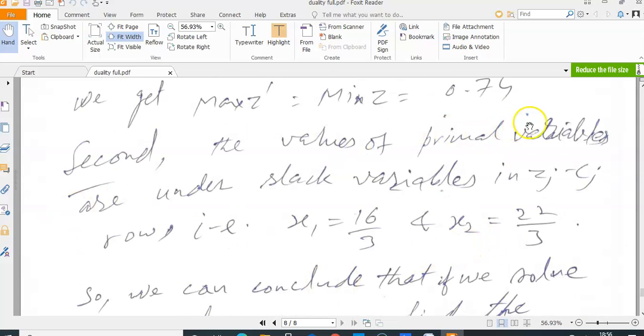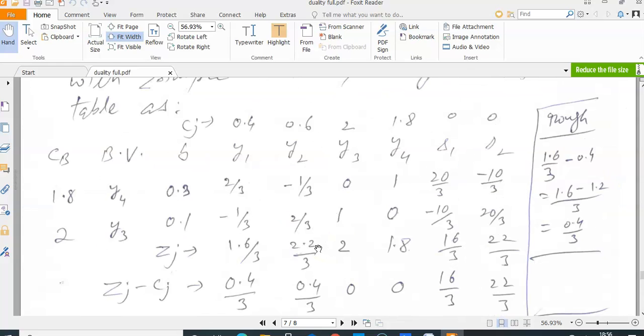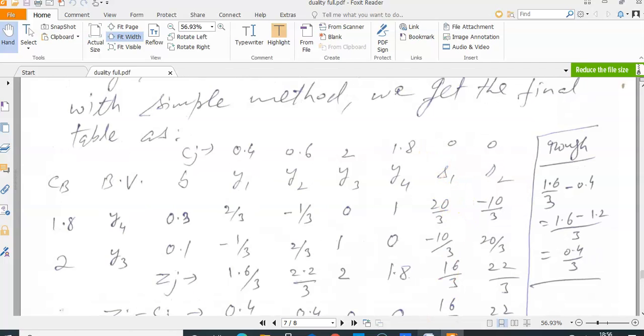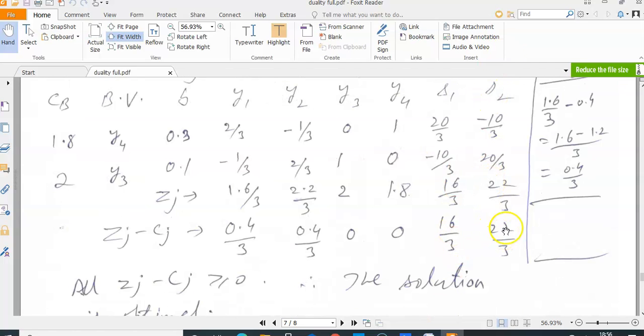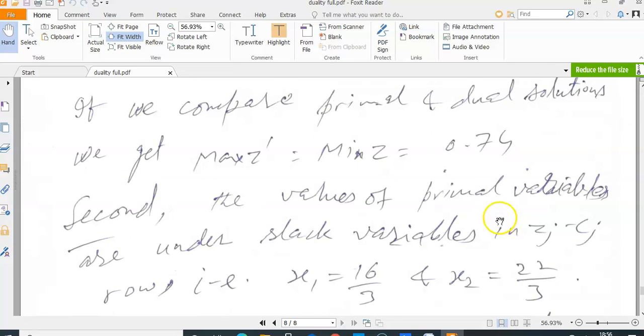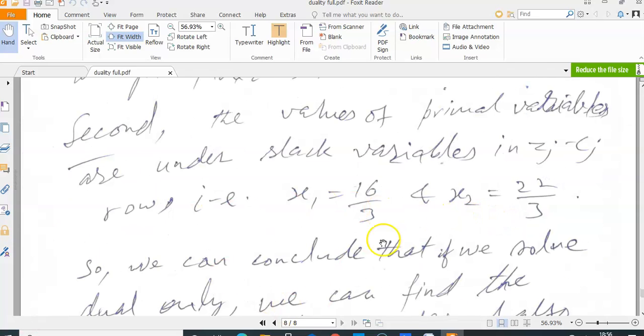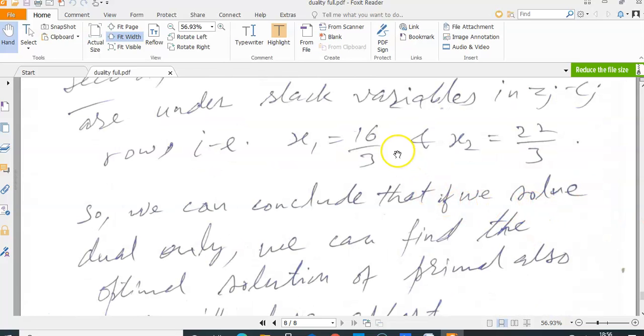Secondly, the values of the primal variables are under the slack variables in the Zj minus Cj row, that is x1 is equal to 16y3 under s1, and under s2 the Zj minus Cj value is 22y3. These are the values of the primal decision variables that we can obtain from the optimal table of the dual.